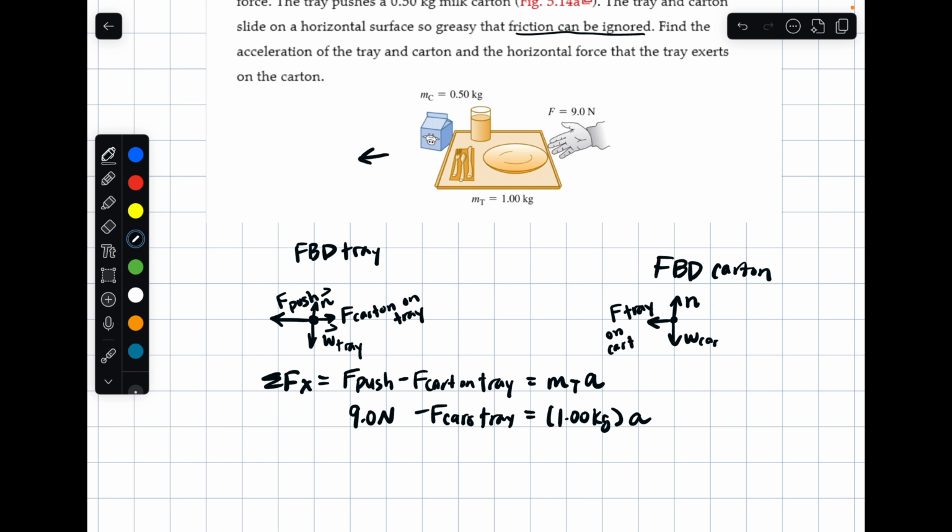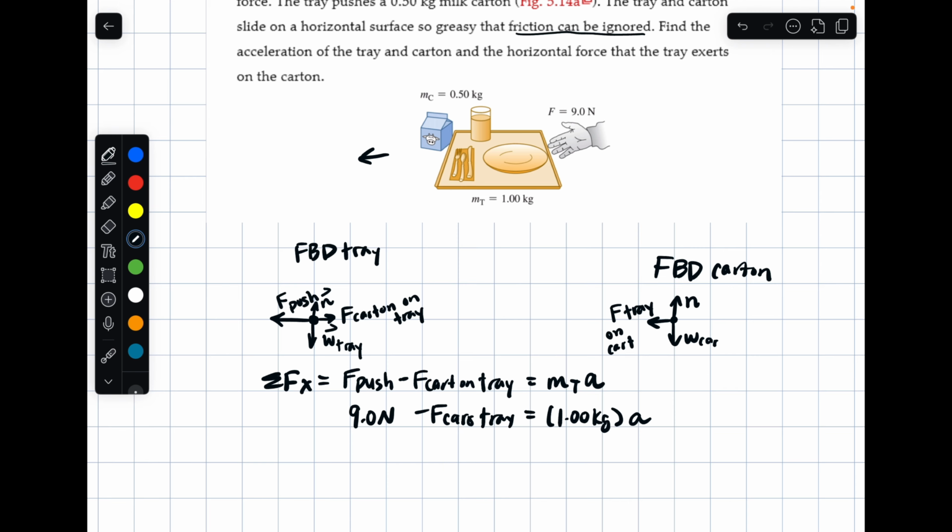Right? It's not feeling the force of the push exactly, because the push is not being acted on the carton. It's being acted on the tray. So what the carton feels is the force of the tray pushing on the carton. And those are all the forces acting on the carton.